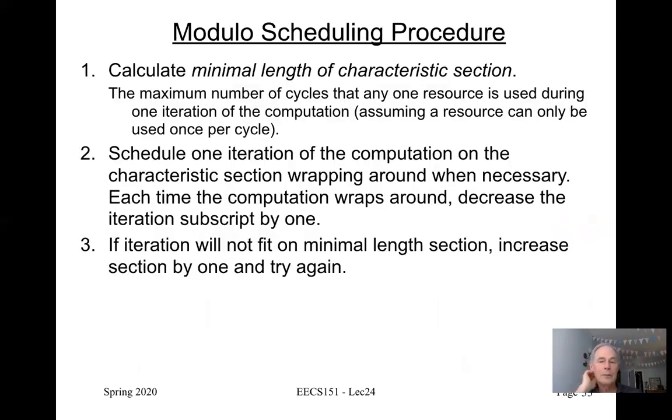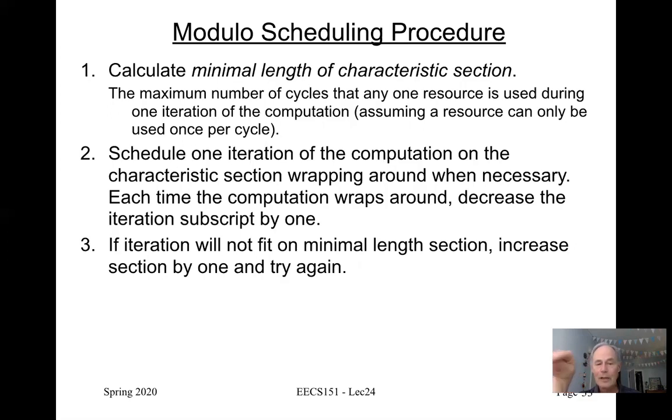Okay, so the way this procedure works is we first calculate the minimal length of the characteristic section. This is going to be the maximum number of cycles that any one resource is used during one iteration of the computation, assuming that the resource can only be used once per cycle. And then we're going to schedule one iteration of the computation on the characteristic section, wrapping around when necessary.